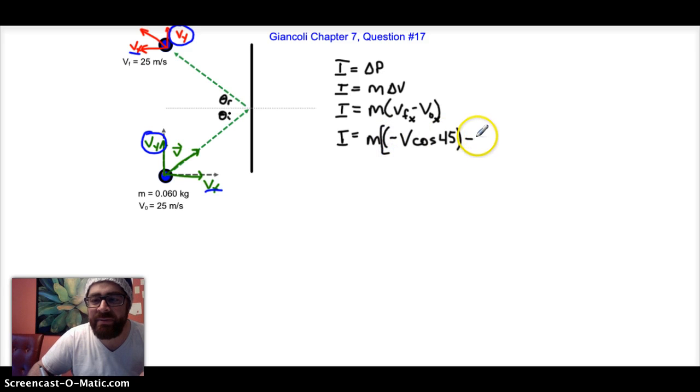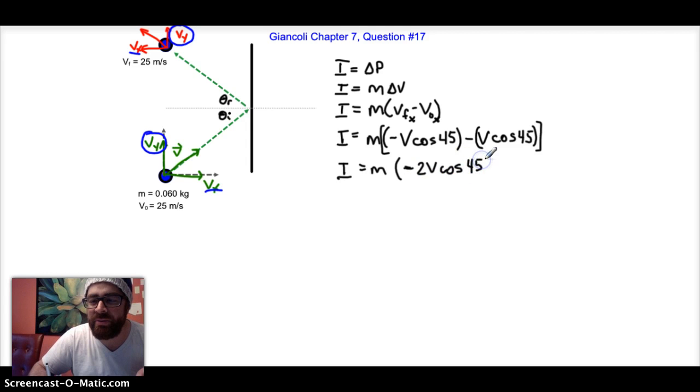I need to subtract that from the initial velocity, which is going to be to the right and positive, which is going to be v times the cosine of 45. Again, close brackets. If you look carefully here, I've got negative v minus another v. That's going to give me negative. So let me carry the mass down. It's going to give me negative 2v cosine 45.